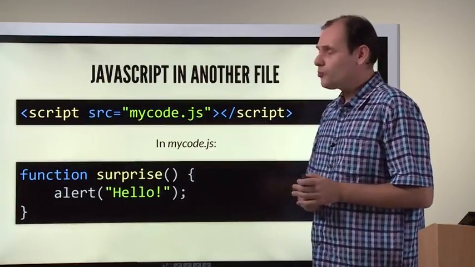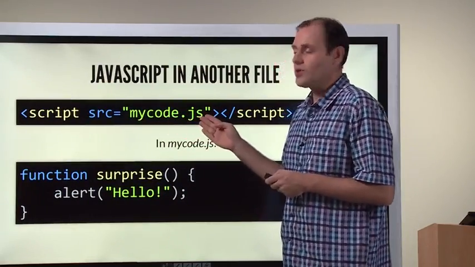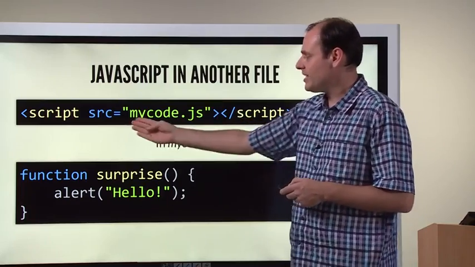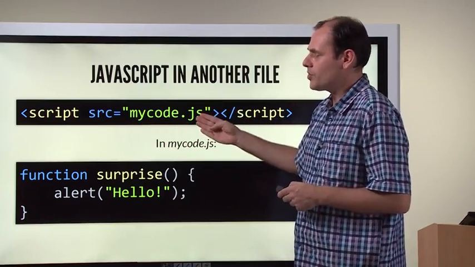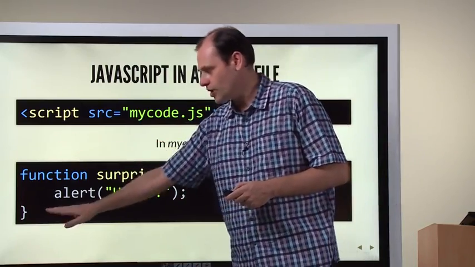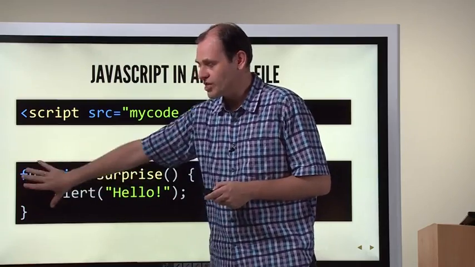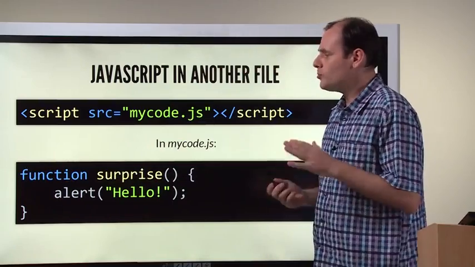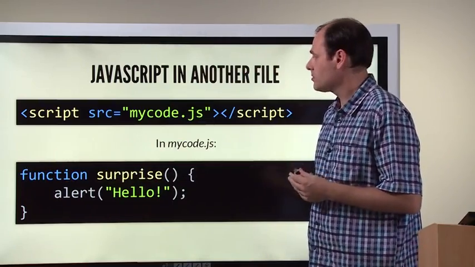Another approach is you put the JavaScript code in another file. And then in the HTML, you have this, telling the HTML to grab the JavaScript code from another file. And then in that file, you just have your JavaScript. No need to put script/script in the other file. So two possible ways to handle JavaScript.